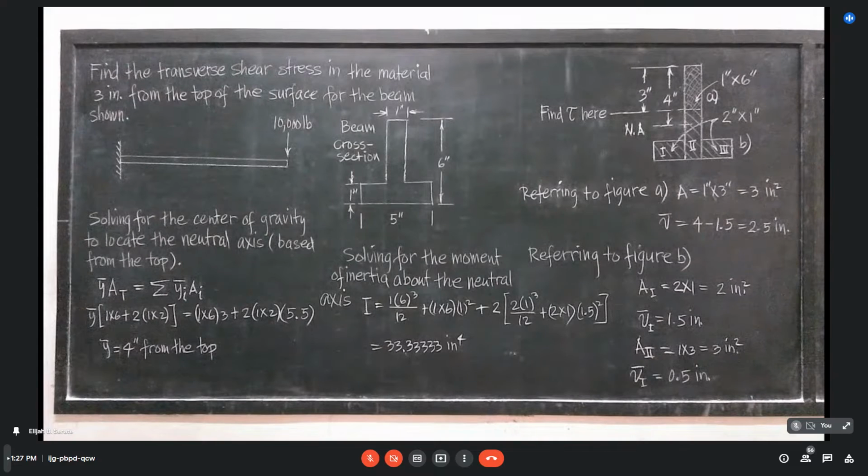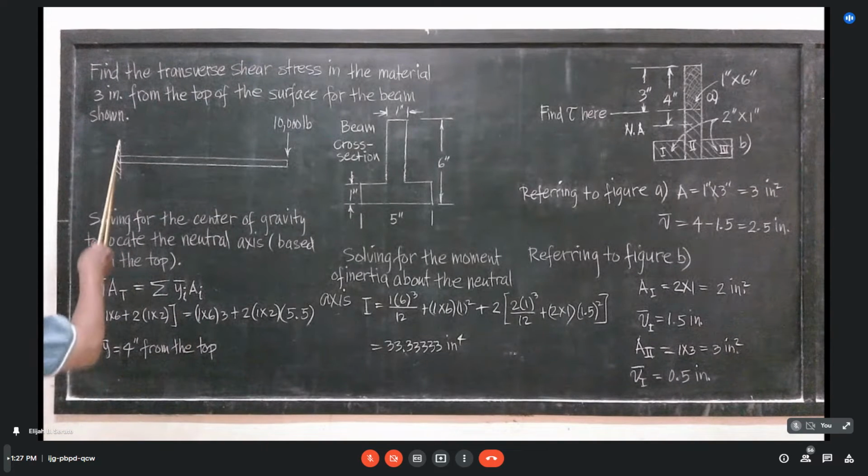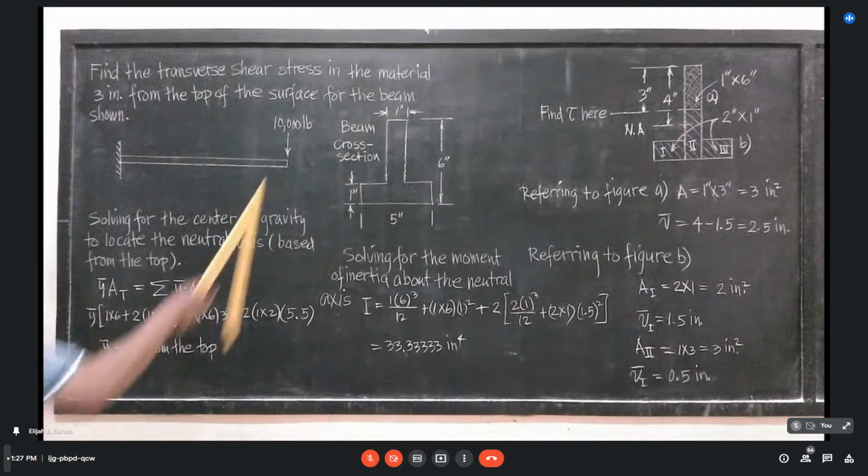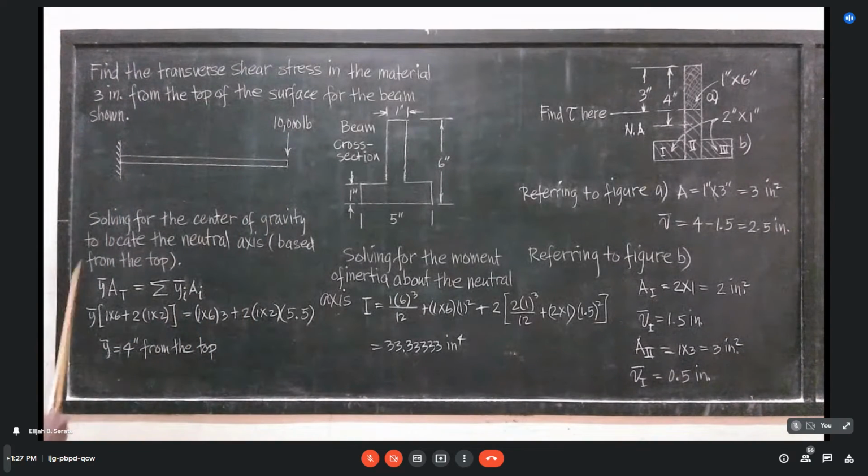Which part of the beam? Remember, the one that is holding the beam is only this part. So, that is the load. We can have a reaction only on the part that is part of the beam.